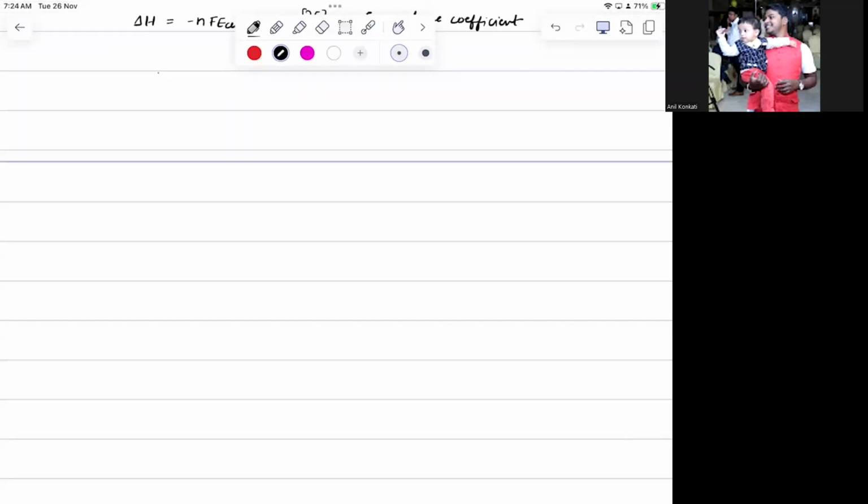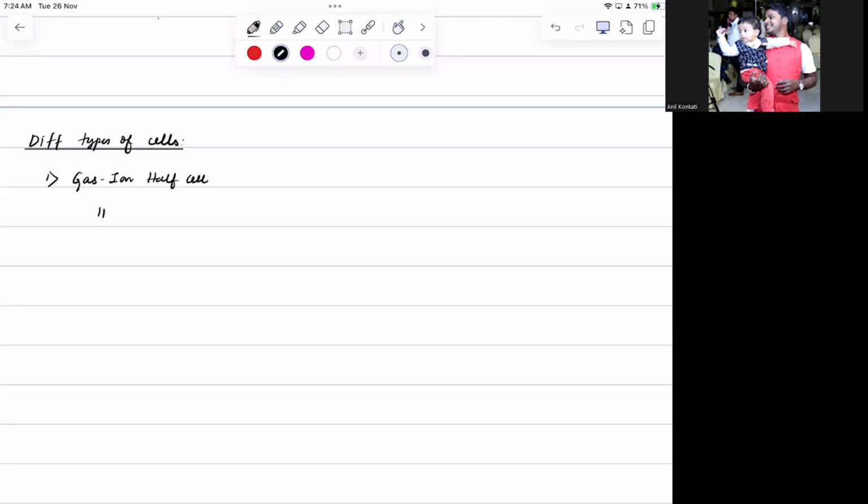Next, what are the different types of cells you will come across? First one is the gas ion half cell. Gas ion half cell means I have H plus converting into H2 gas plus 2 electrons.